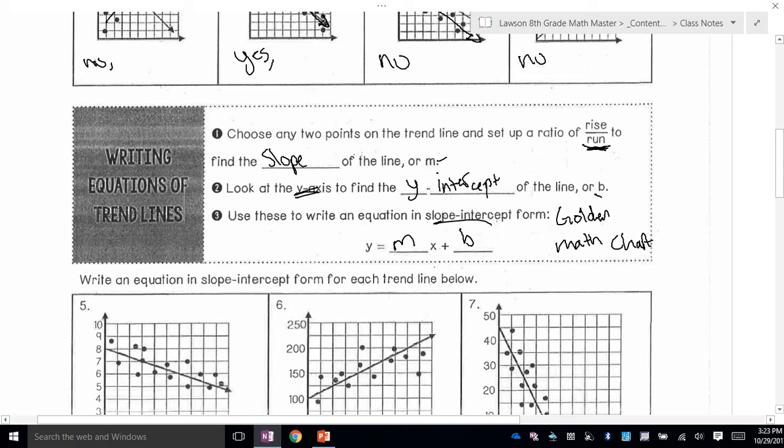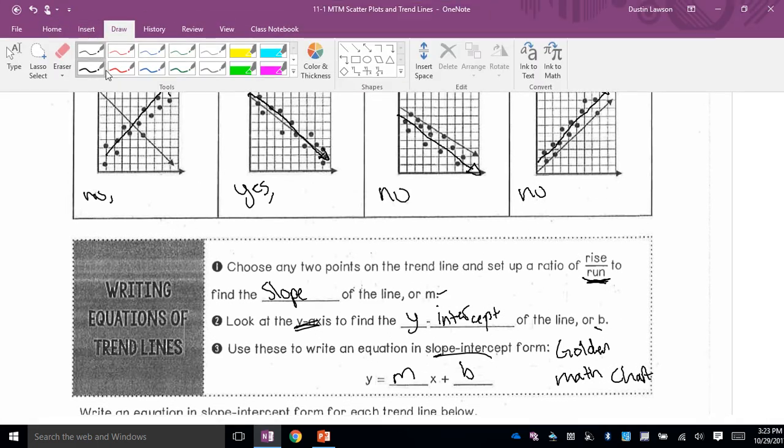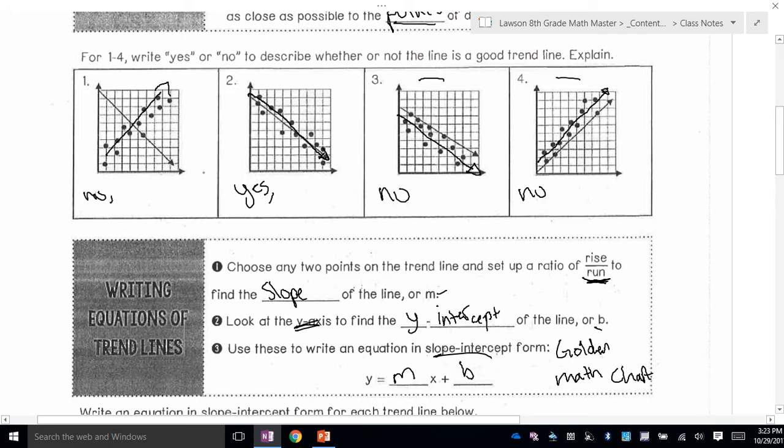So what we're doing is taking these past 2 lessons where we talked about scatter plots and graphing scatter plots and looking at the association, and we're basically combining it with the slope-intercept form and finding slope. The thing I really want you to pay attention to here, and I'm going to change my color to red because I want to underline this, is that it says any 2 points on the trend line.